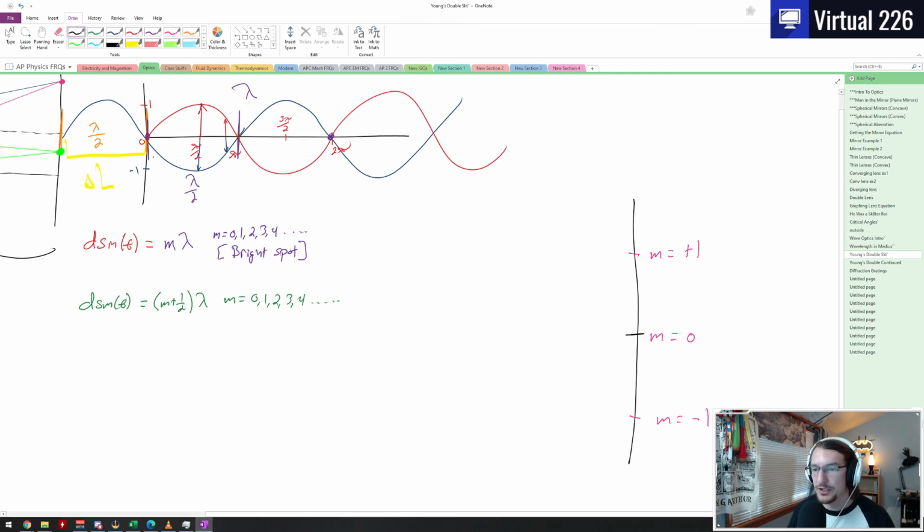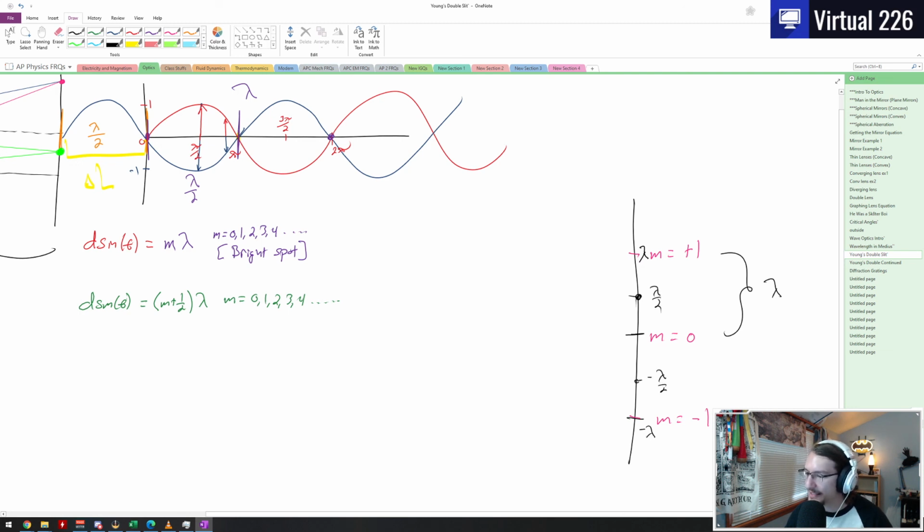So if we were taking a look at this, what we'd actually see is that for these m values, this entire spacing here would be a wavelength. So we would see a dark spot if this is at some point lambda, and this is at some point minus lambda, and this is at some point lambda over 2, and this is at some point minus lambda over 2.